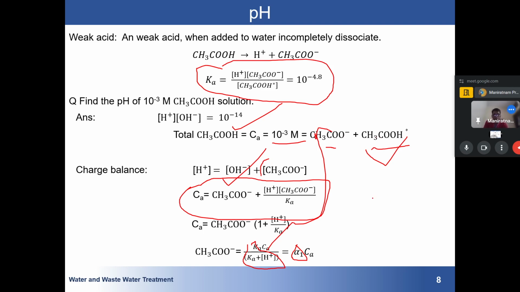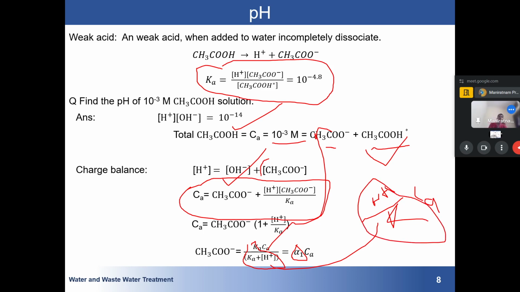If you do it, you will find that it is H+ divided by this same constant, say capital K, multiplied by Ca. This H+ divided by K is known as alpha naught. So CH3COOH is alpha naught Ca. I hope this is clear to you.